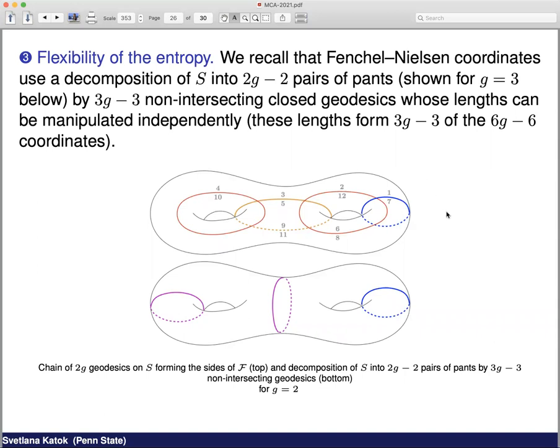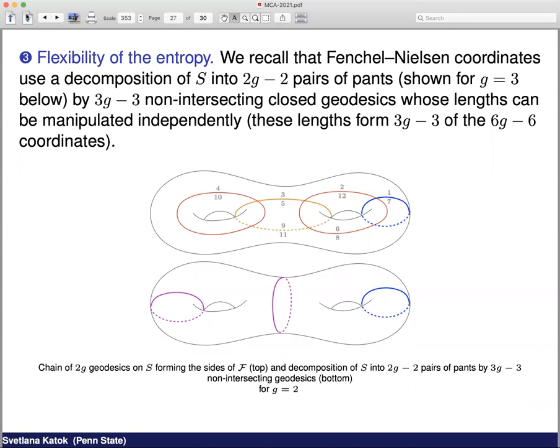Okay, so this is my old picture with the 12-gon. In this case you have 2 pairs of pants, and the lengths of the geodesics used for the pairs of pants can be manipulated independently.